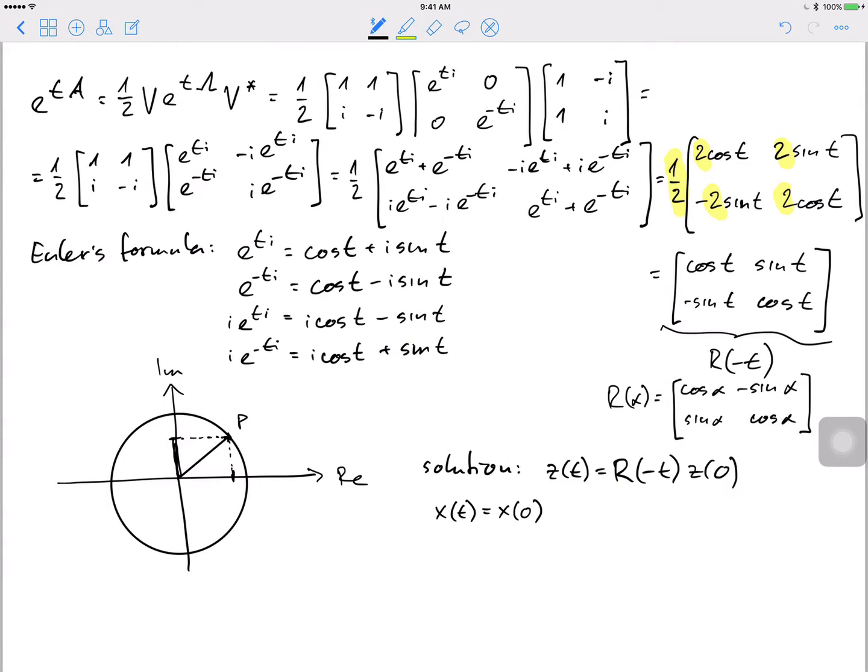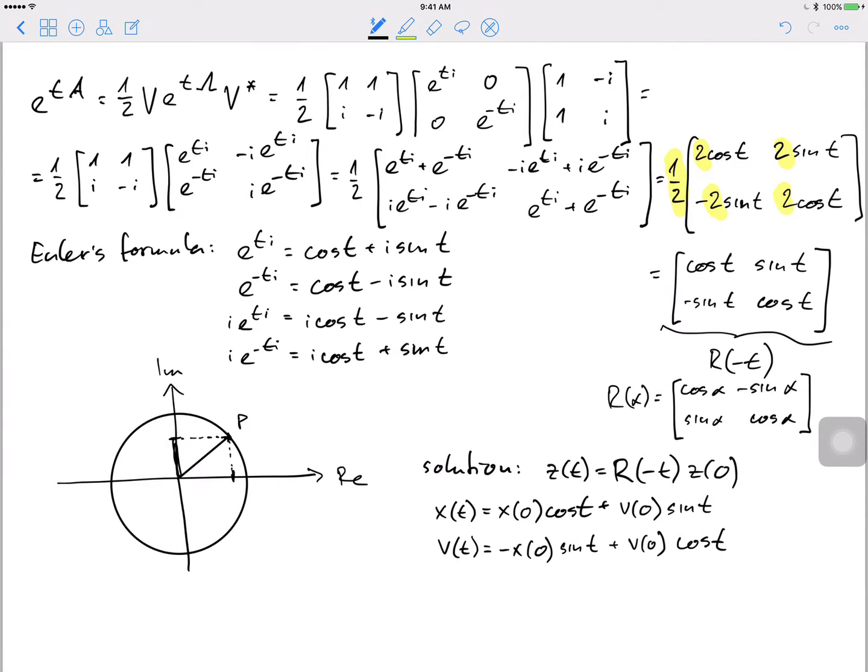So x of t will be x0 times cosine of t plus v0 times sine of t, and similarly v of t will be minus x0 times sine of t plus v0 times cosine of t.